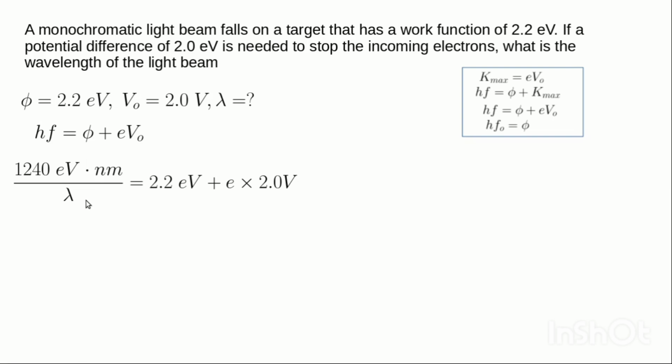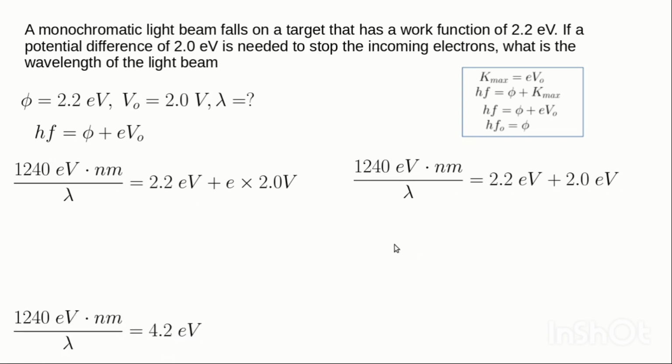So we have this expression. Our work function is 2.2 electron volts. Our electron charge e times the stopping potential, which is 2. If we rearrange this by making this the subject, we have this expression: 2.2 electron volts plus 2 electron volts. We can add this to become 4.2 electron volts.